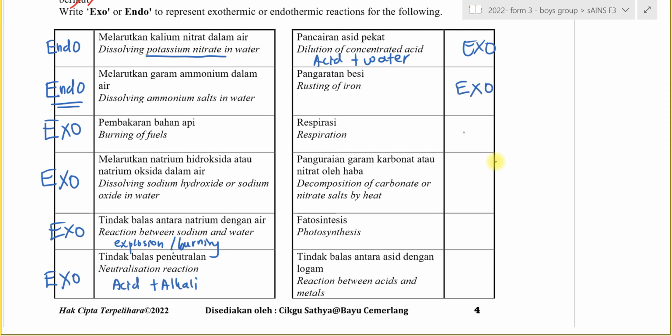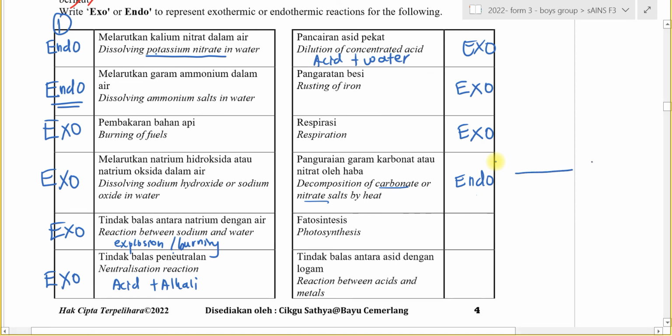Next. Respiration. Exo. Decomposition of carbonate or nitrate salts by heat. Endo, sir. Yeah, endo. What does it mean by carbonate salt or nitrate salt?